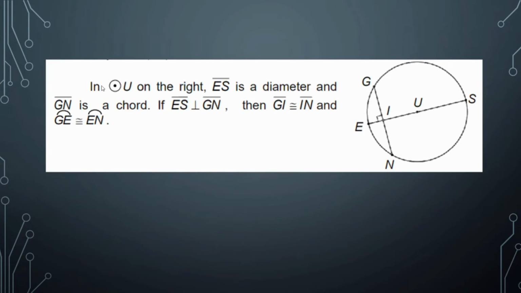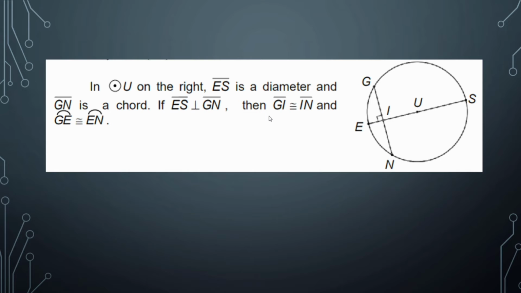In circle U, line segment ES is a diameter, and line segment GN is a chord. Now, it is said to be perpendicular if and only if it forms a right angle, right? So this sign shows that angle GIE and angle NIO are right angles. So they are perpendicular.